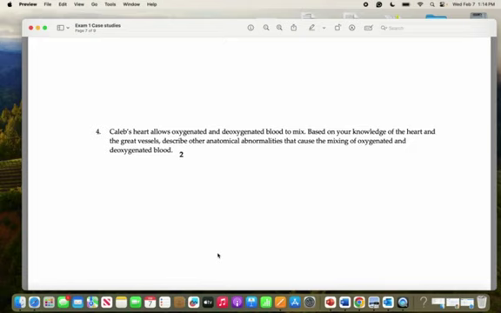What's the main vessel that carries deoxygenated blood out of the heart? Pulmonary trunk. And what's the vessel that takes oxygenated blood out from the heart directly?